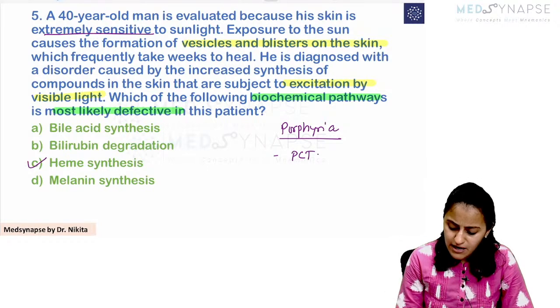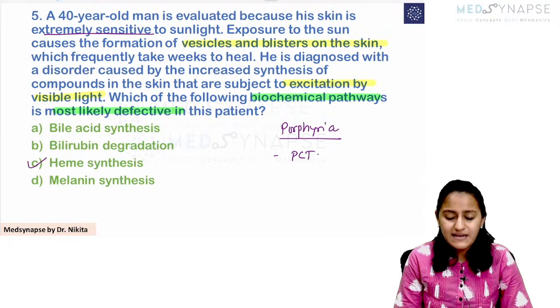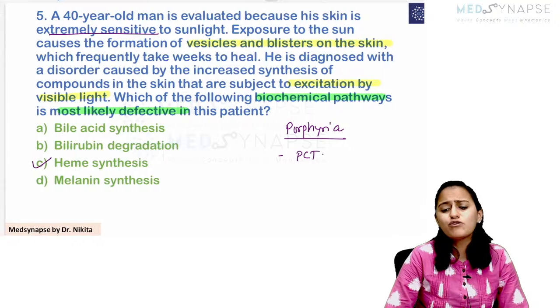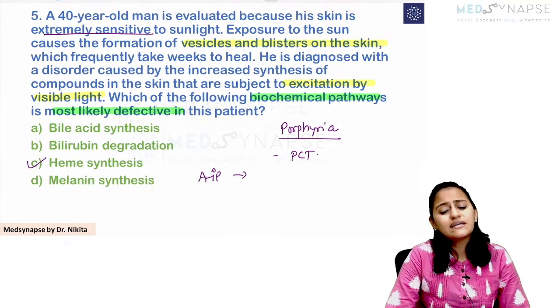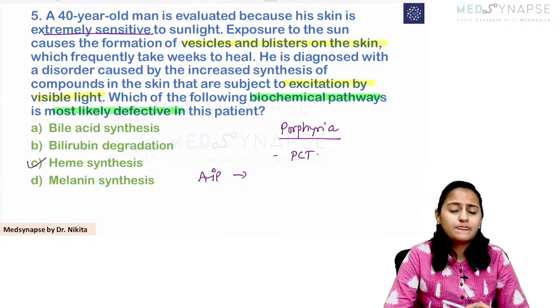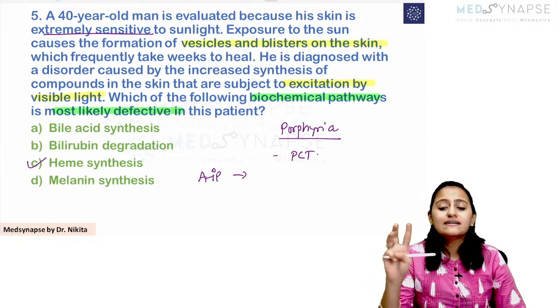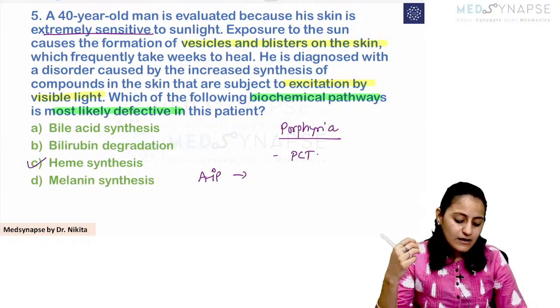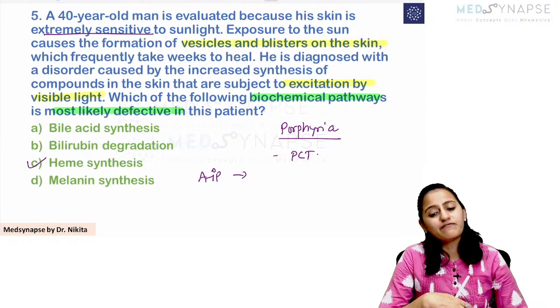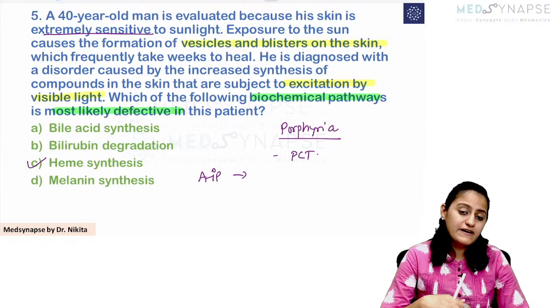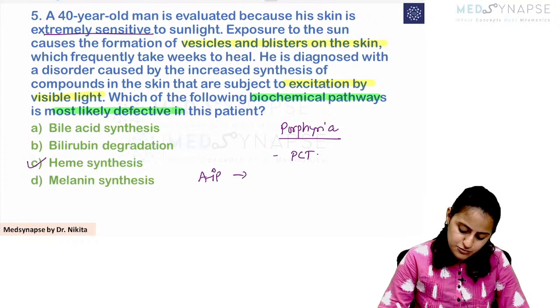Do you have acute intermittent porphyria? Is there photosensitivity like this in acute intermittent porphyria? Is there only photosensitivity, or no photosensitivity? Is it neurovisceral? What kind of porphyria is acute intermittent porphyria? Very, very important point to be remembered.